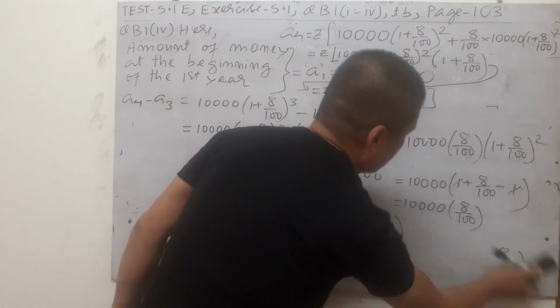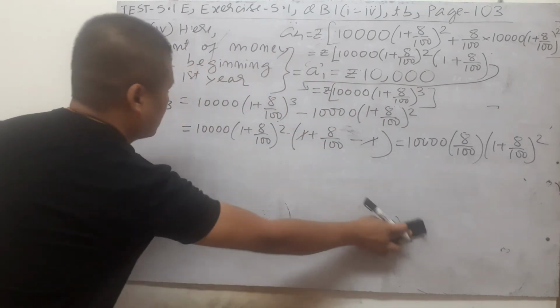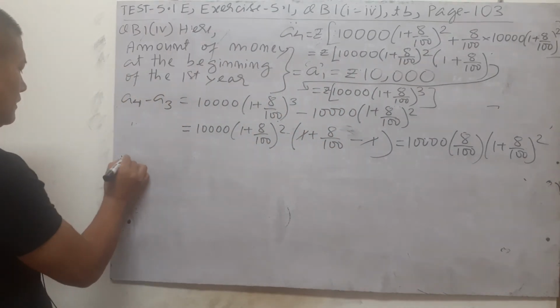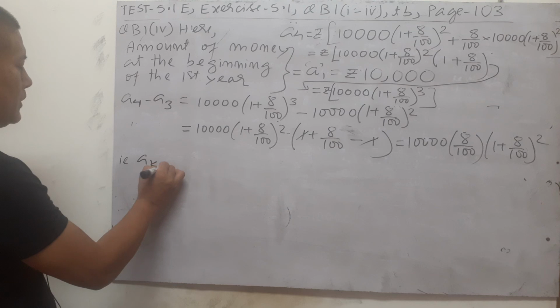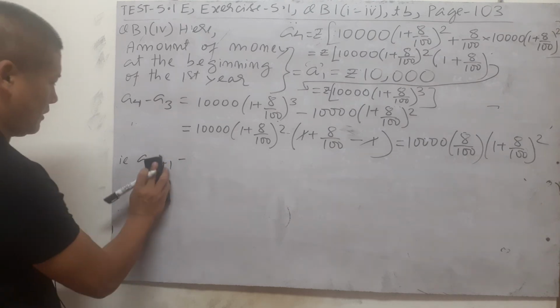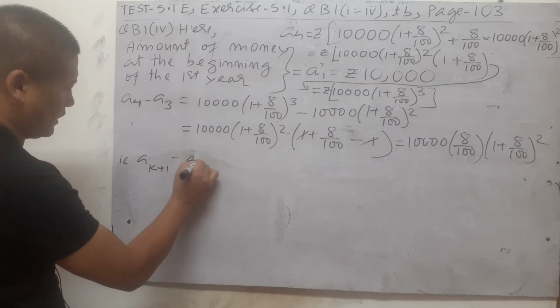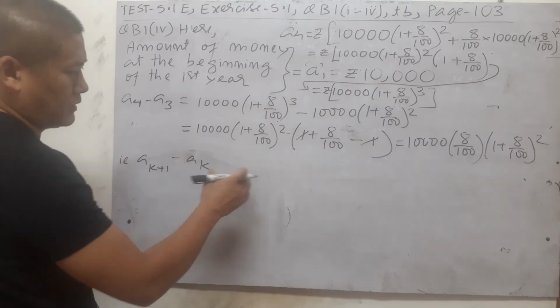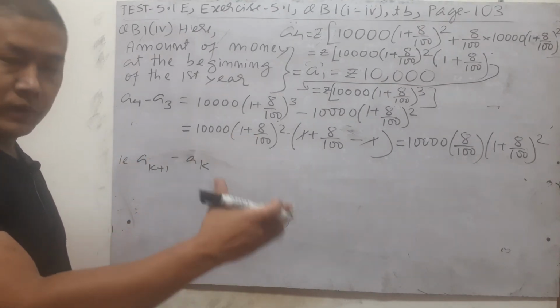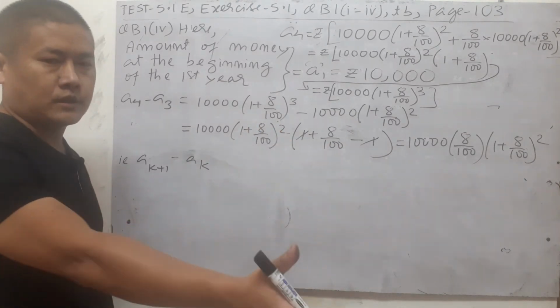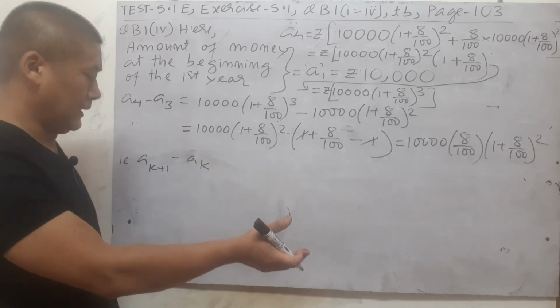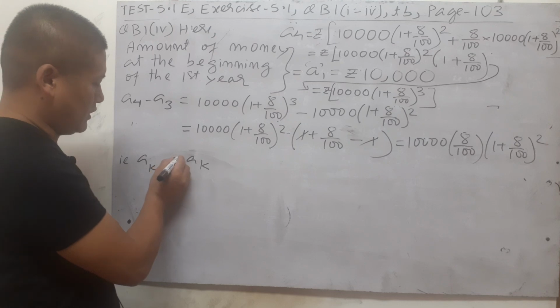Okay, that is, right here, that is A(k+1) minus A(k), which is A2 minus A1 or A3 minus A2 or A4 minus A3, represented by this general formula.